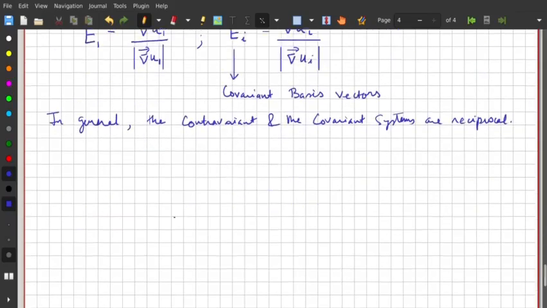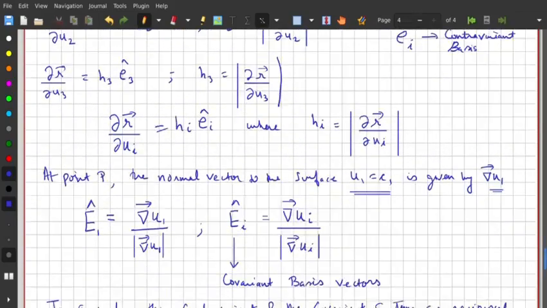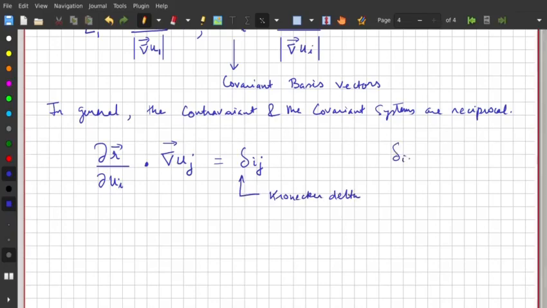That means if you take the dot product of the generic tangent vector with the covariant grad uj, this in general is the Kronecker delta, where delta ij equals 1 if i equals j, and equals 0 if i is not equal to j.